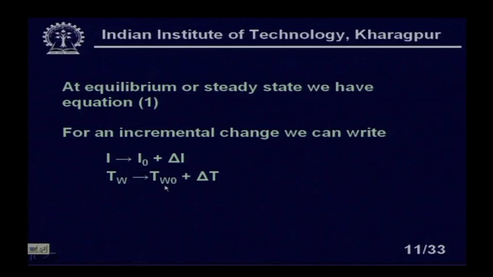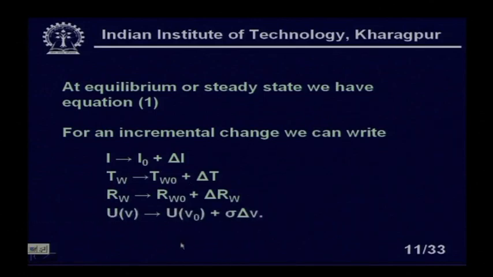In the first equations we have written like this, then plus delta T, change of temperature of the wire. R_W is the resistance of the wire. In the steady state equation we have written it in terms of R_W0. Here we are writing R_W0 plus delta R_W, then U_V equal to U_V0 plus delta U_V. You see what was our first equation?